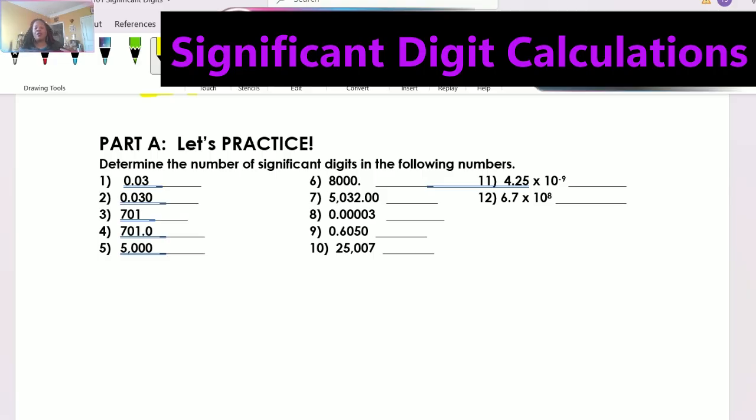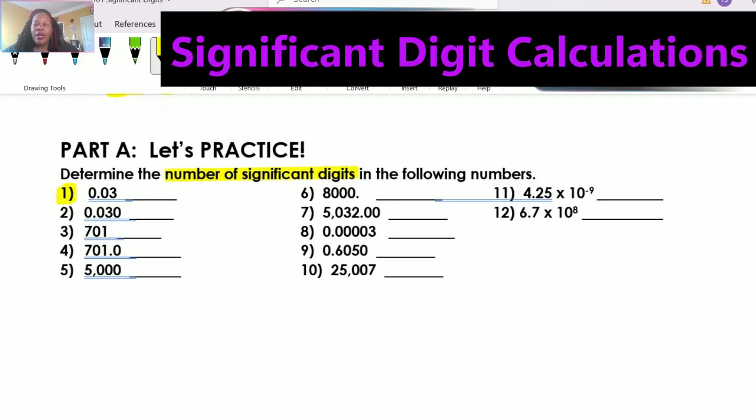So for practice problem number 1, you're going to determine the number of significant digits in these values, okay? So you have 0.03. How many significant digits do you see? I'm going to make this a little bit bigger so you all can see the problems too.